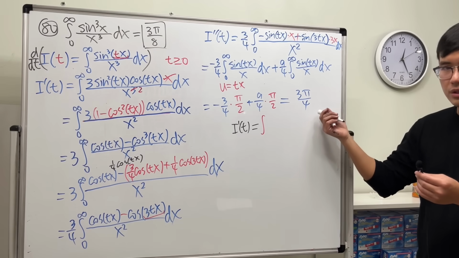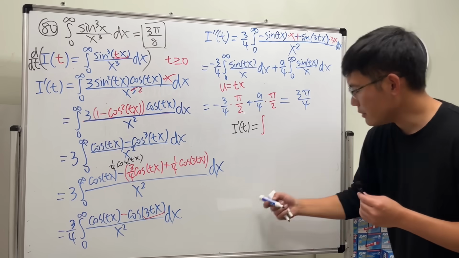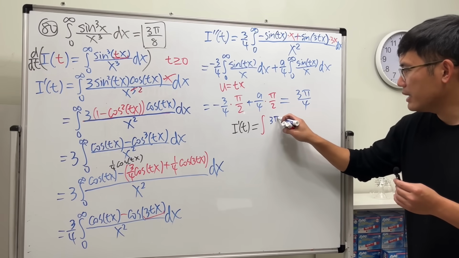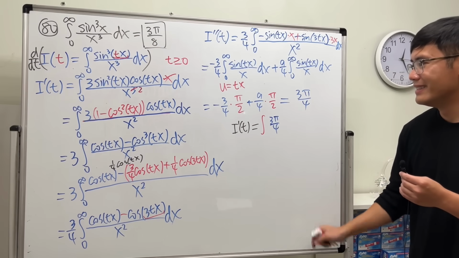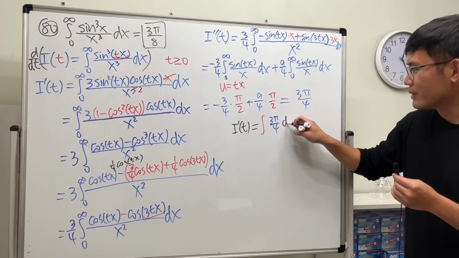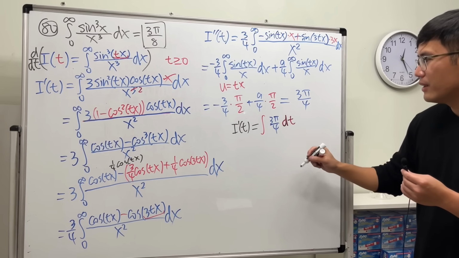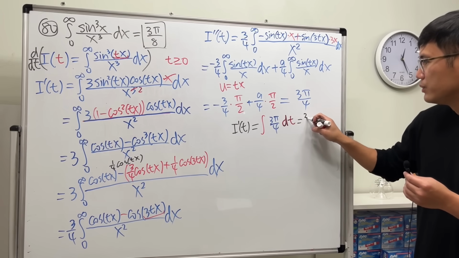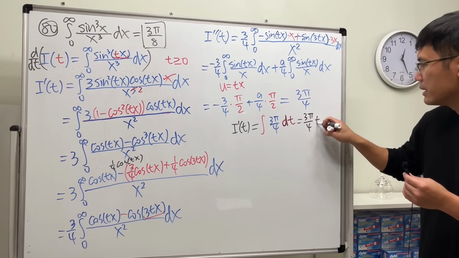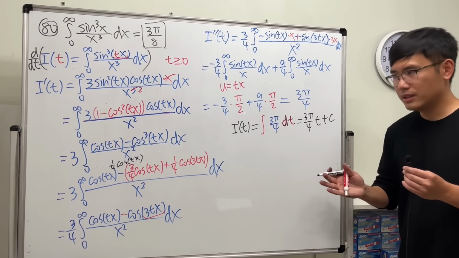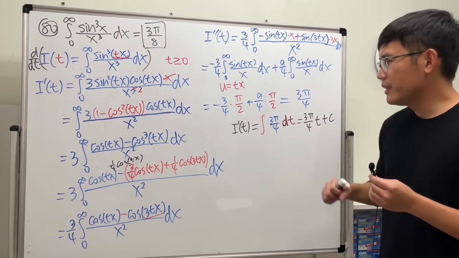Of this result, which is our 3 pi over 4 in the t world. Yeah, like that. And of course, this right here will give us 3 pi over 4 t, but don't forget the plus c.